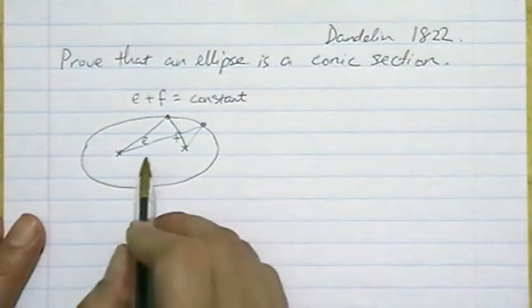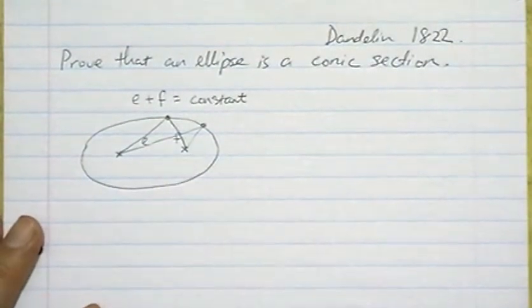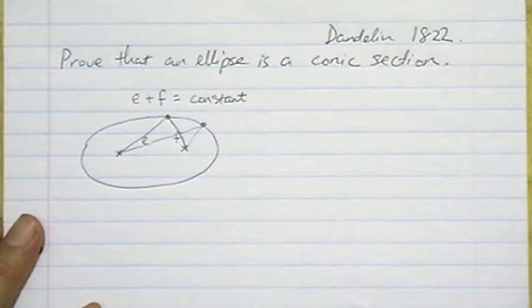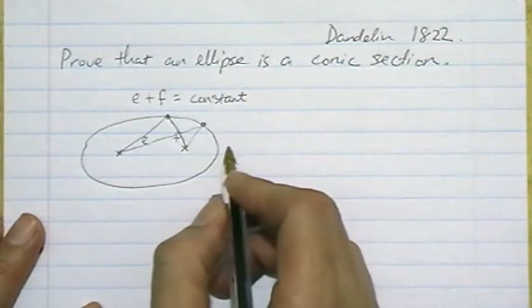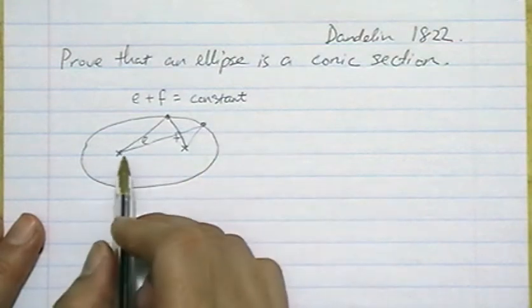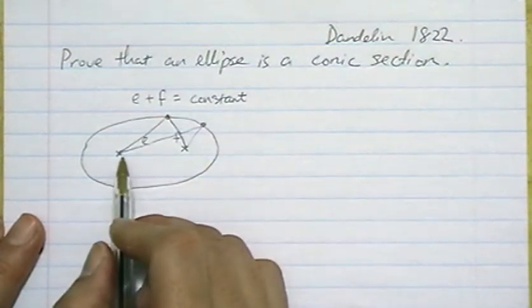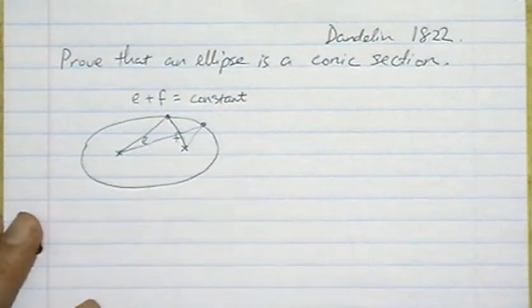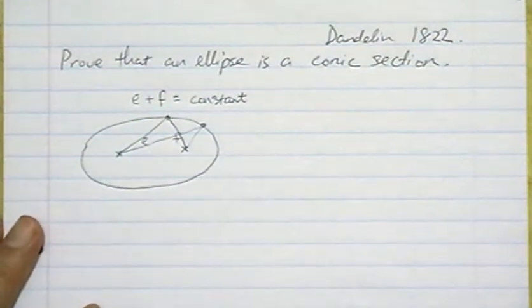So this is one way to define an ellipse. It's a very precise definition, and any curve which can be described in this way is an ellipse.